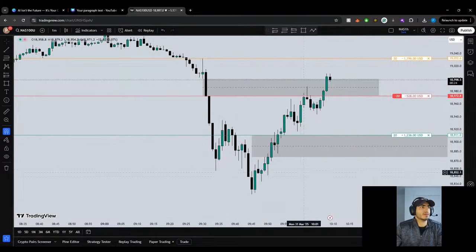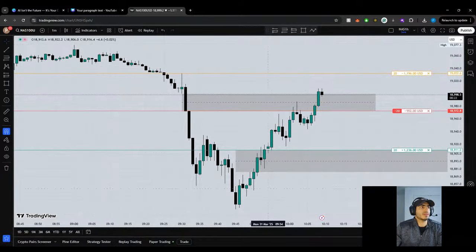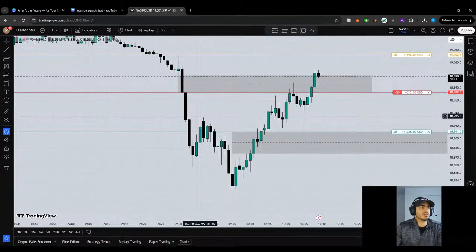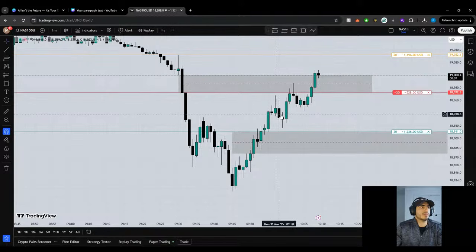So you see how within this leg, market structure did a high, then a new low, but then it broke this intermediate high and then continued off of a bullish PDRA.